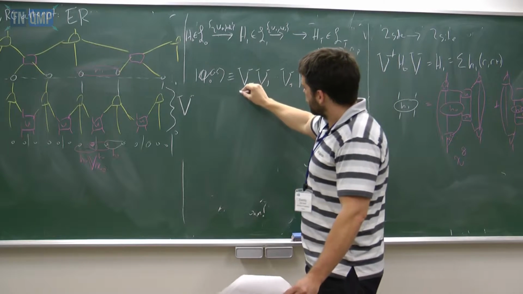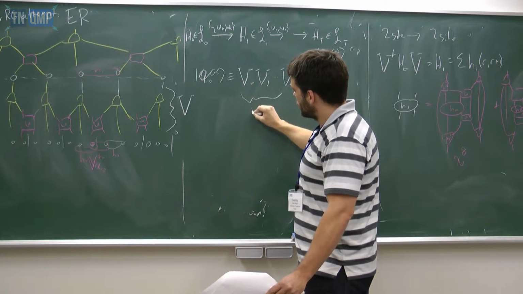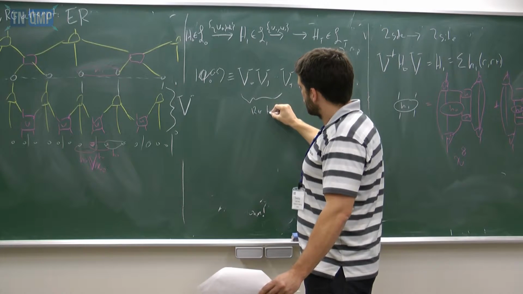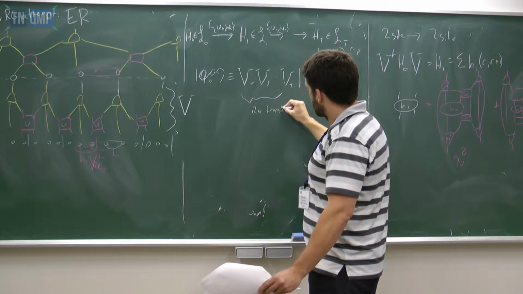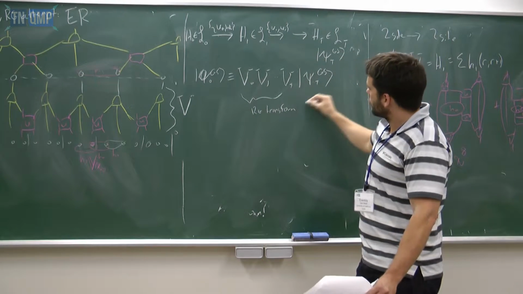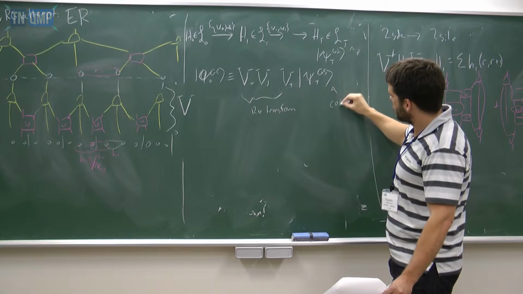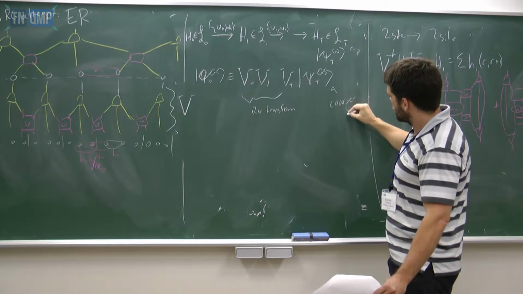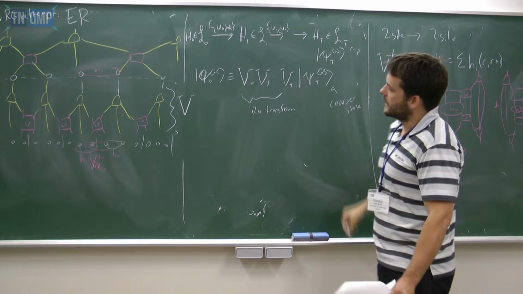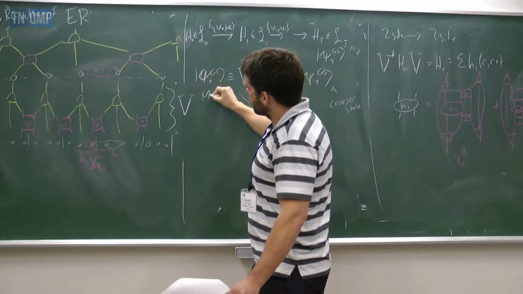Okay, so a sequence of RG transforms plus our coarse state equals a MERA.